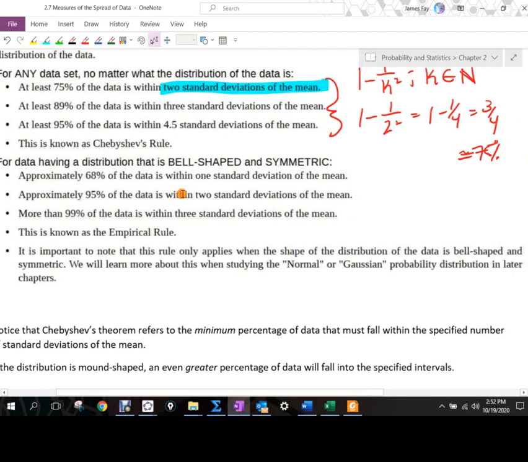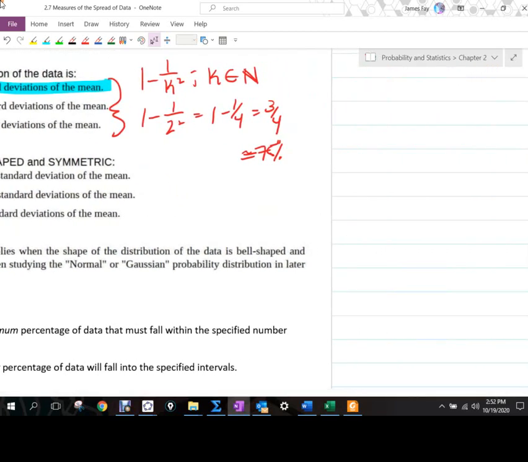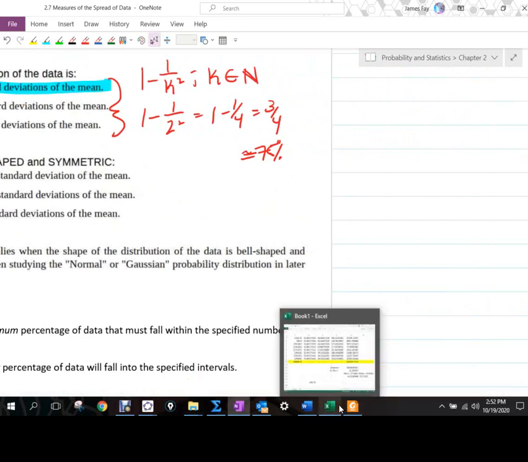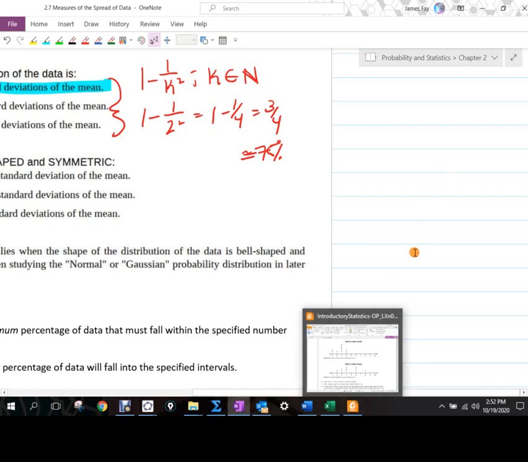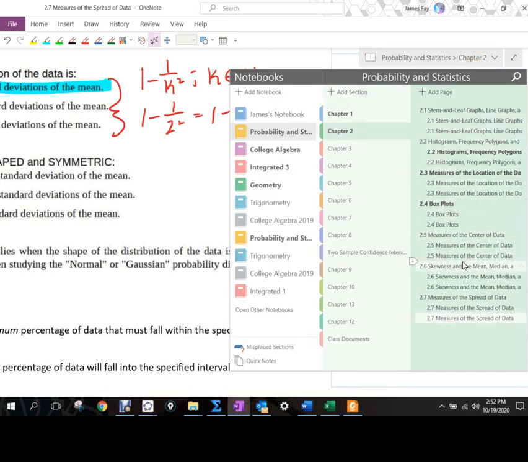So what does that help us do? I'm just going to give you an image of a normal distribution real quick.